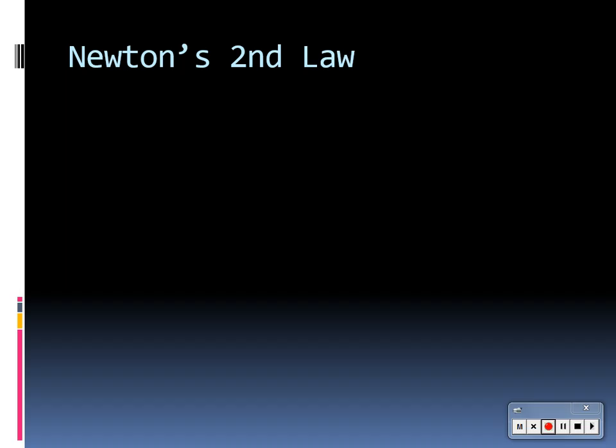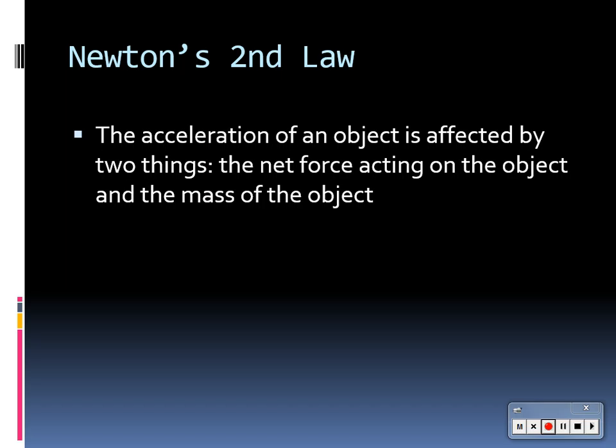So Newton's first law deals with inertia. Newton's second law deals with acceleration. And Newton's second law says that the acceleration of an object is affected by two things. One is the net force that is acting on that object, and two, the mass of that object.